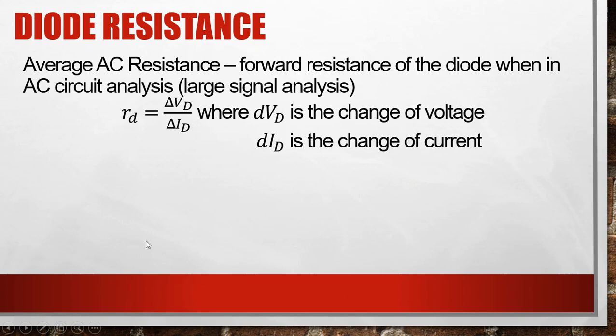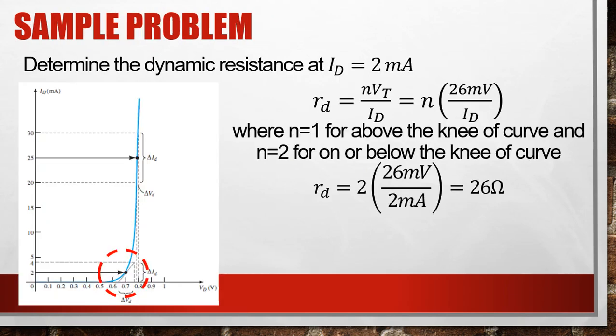Kung baga, sa line, kahit gaanong line na yan, kahit gaanong kahaba, magpo-point to point lang ako, change in voltage drop across the diode sa point na yon and change in current sa point na yon, ipagma-minus ko lang. Okay? Change of voltage and change of current. Okay, let's try to solve an example problem.